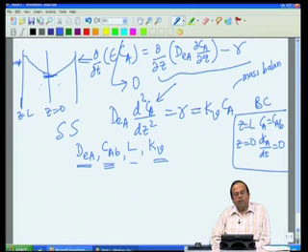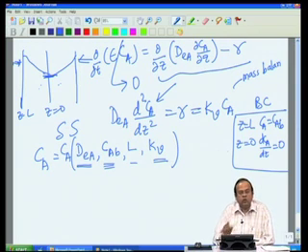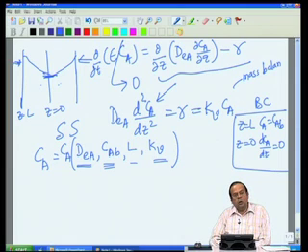So, if we now solve this equation as it is, you can expect the concentration of A as a function of these values. That is, it will depend on these 4 parameters. So, anytime you change one of the parameters, the entire solution will change.